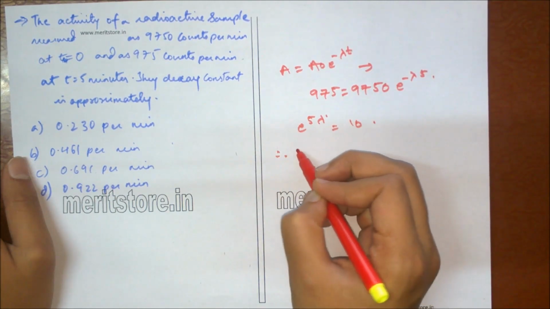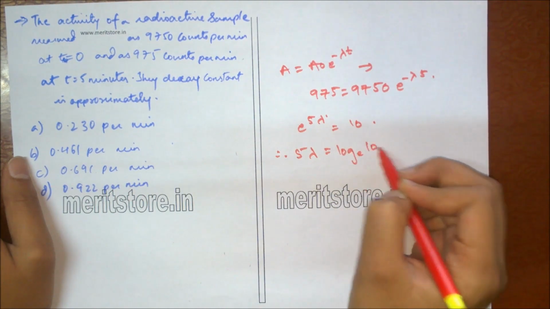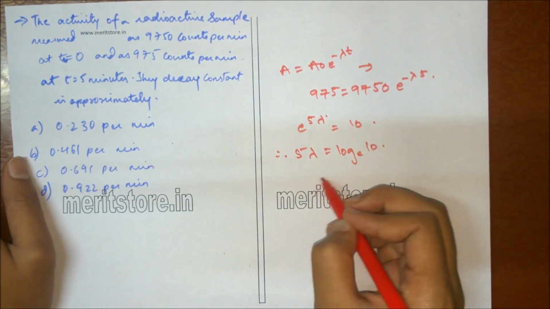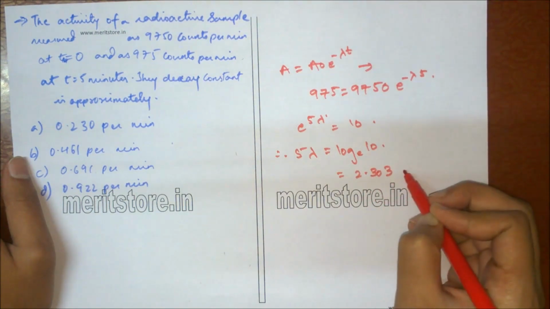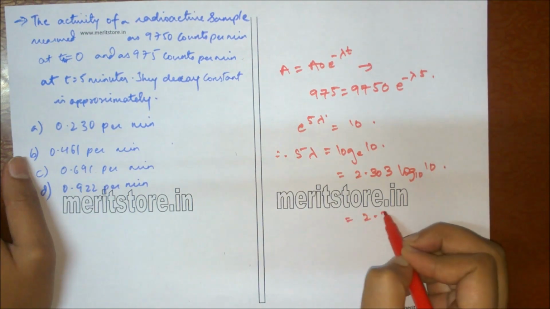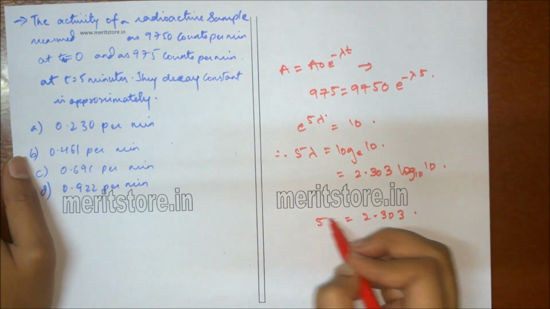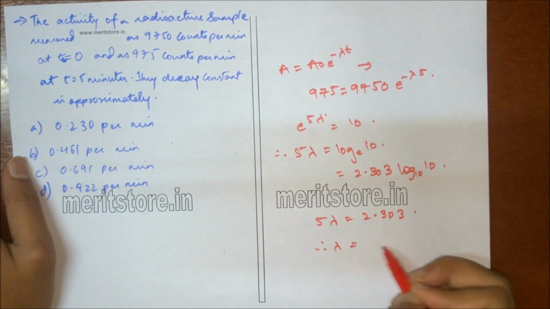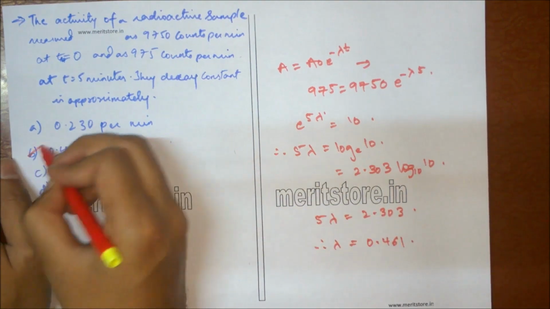Therefore, taking log on both sides and solving, 5 lambda is 2.303 log to the base 10 of 10. Therefore, lambda is equal to 0.461 per minute. Option B.